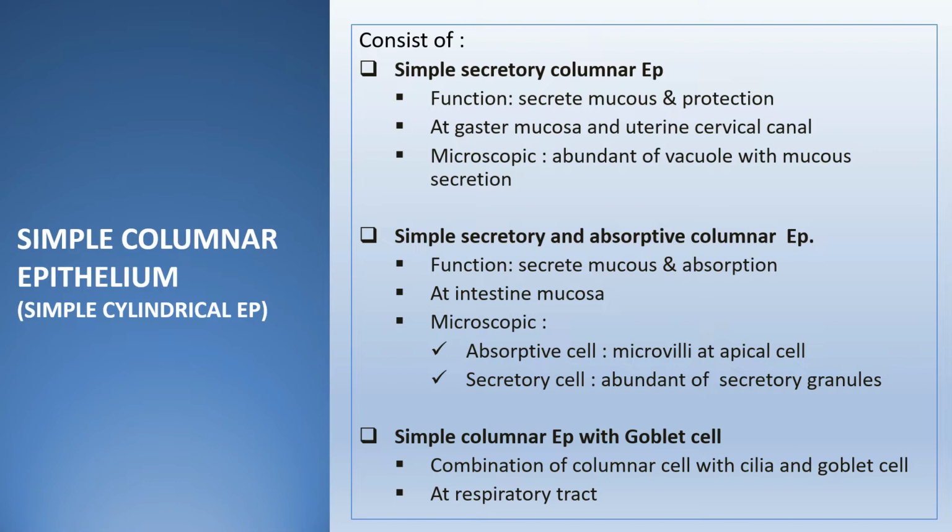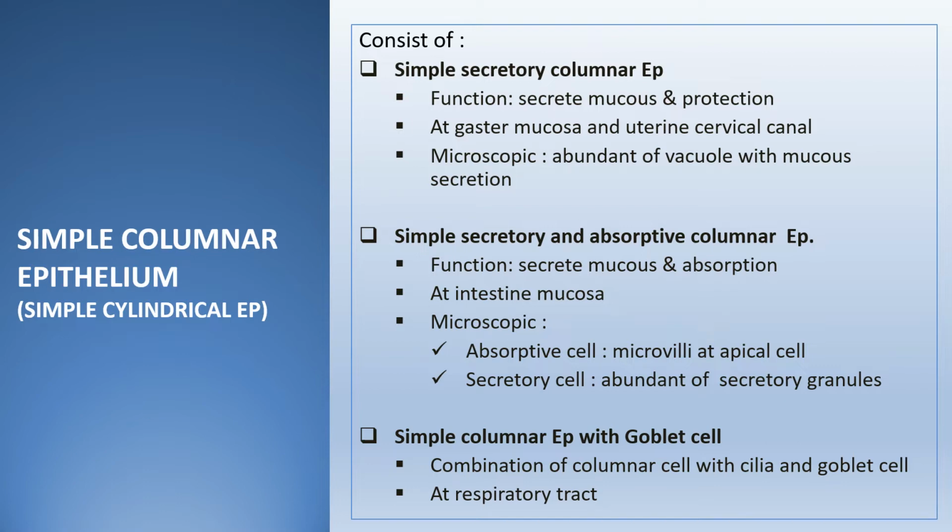Simple secretory and absorptive columnar epithelium has the function to secrete mucus and absorb, and can be found at the intestine mucosa. Microscopically, there are two types of cell, absorptive cell and secretory cell.